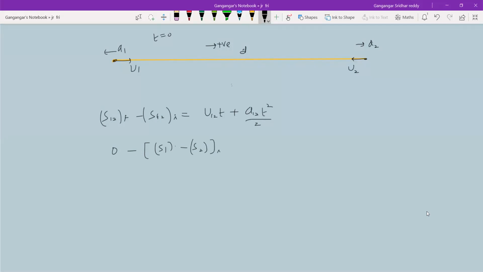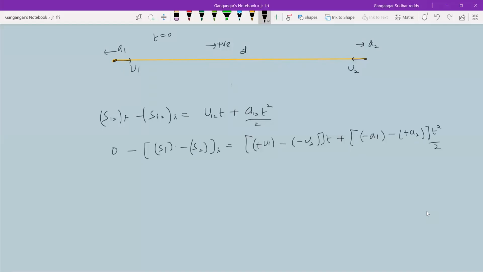Position of particle. Let's do one thing: towards right, directed positive. So plus u1 minus u2. Look at now, the sign for a1 will be minus a1. Minus a1 minus of plus a2.